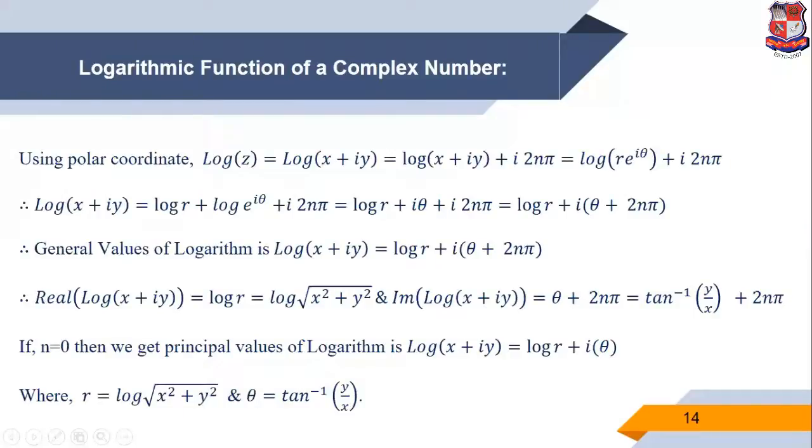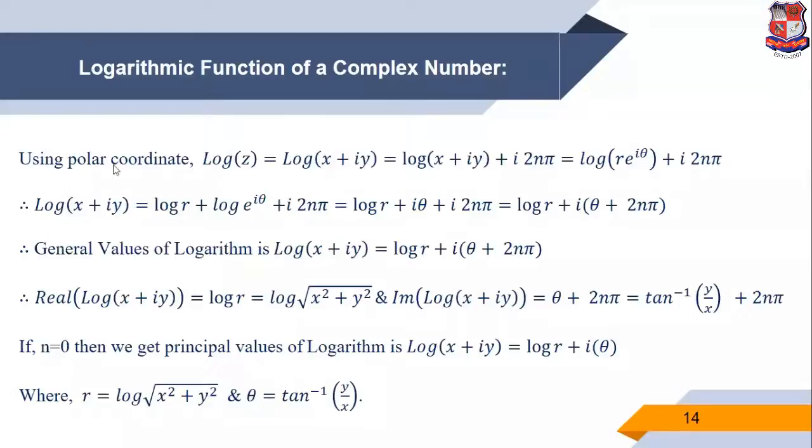Now next, the logarithm function of a complex number. First we discussed how to convert any polynomial into a real part and imaginary part. Second, how to convert the exponential function into a real part and imaginary part. In a previous slide, we discussed how to convert a trigonometric function into a real part and imaginary part. Now, how to convert the logarithm function of a complex number into a real part and imaginary part.